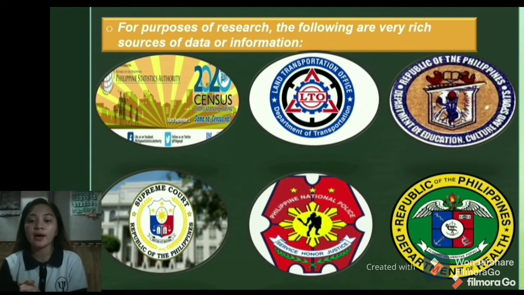The Department of Education, Culture, and Sports also, where all enrollments and graduates are recorded, whether public or private schools, colleges, and universities. They also have sources of data.